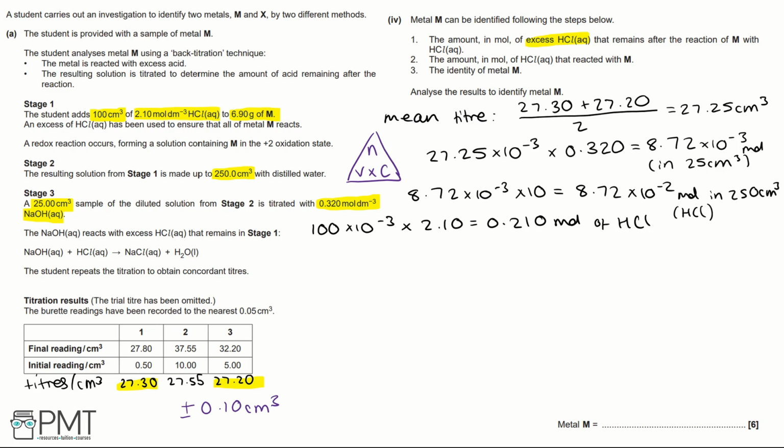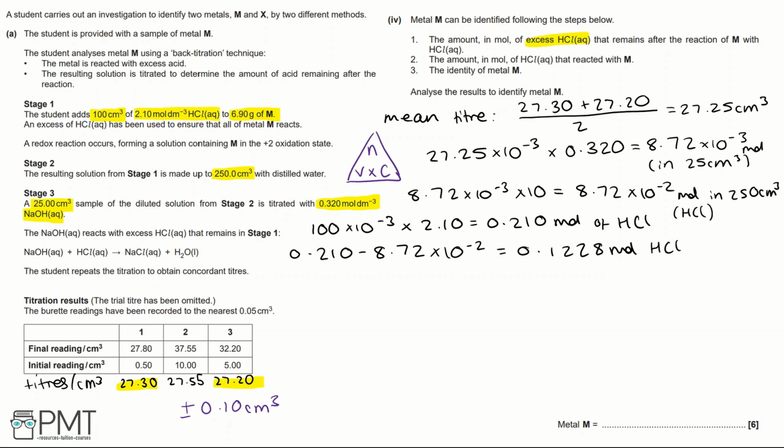So we can work out our excess by minusing these two numbers. So we do 0.210 minus 8.72 times 10 to the negative 2, which equals 0.1228 moles. And that is the moles of hydrochloric acid that's reacted with M.